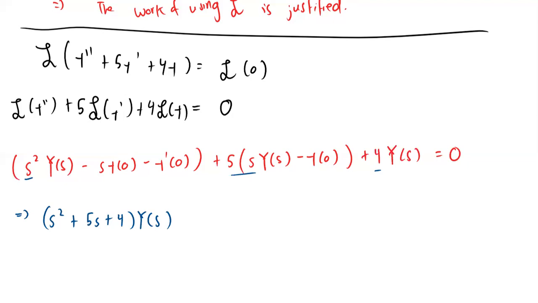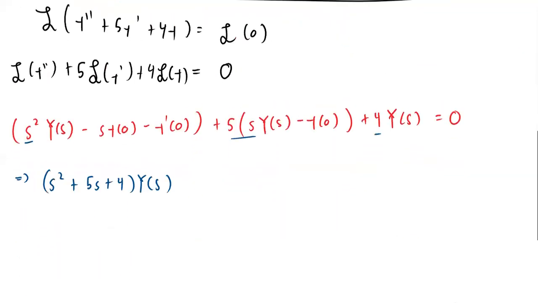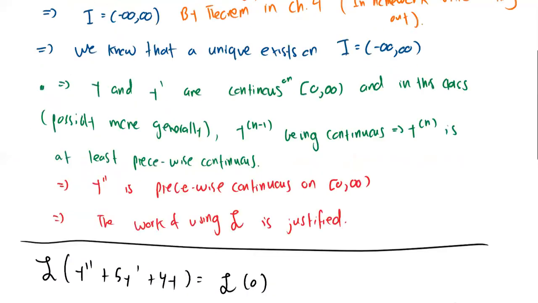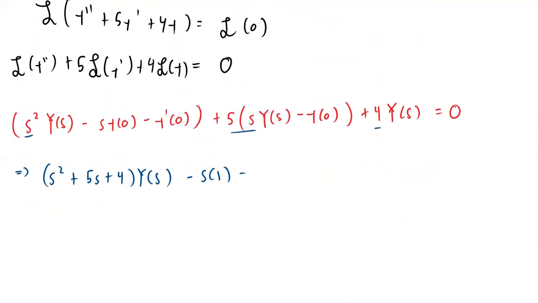We have a minus s times y of 0. We're given that y of 0 is 1, so we have minus s times 1, minus y prime of 0, which we're given is 0. So minus 0, I'm just not going to write that.